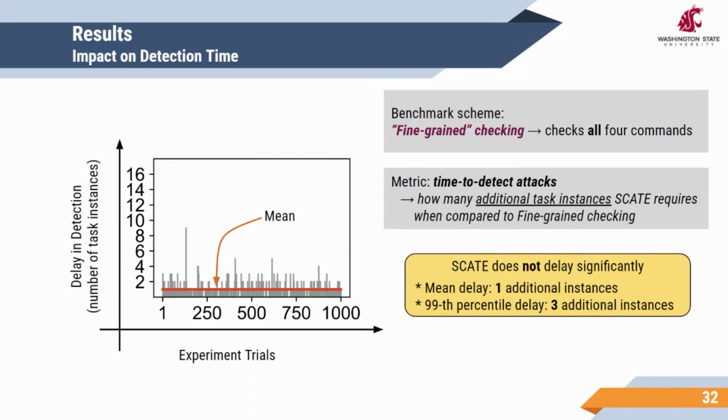We do not detect the intrusion instantaneously compared to the fine-grained approach where we check all the commands. But that delay is not very significant. In the worst case, we take 3 additional invocations of a real-time task to detect the intrusion. And on average, it takes just 1 extra instance to detect it.